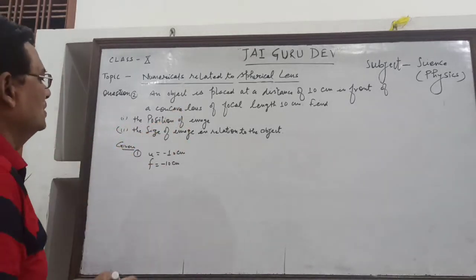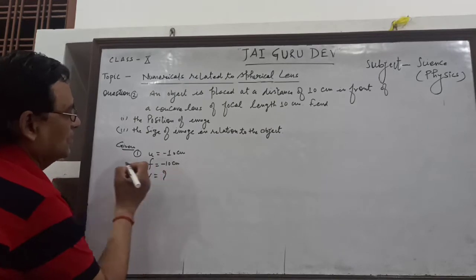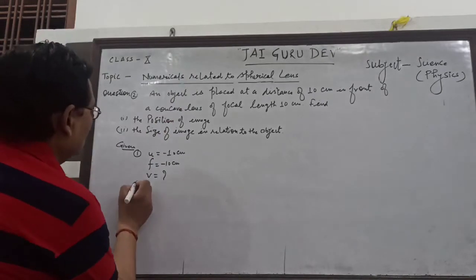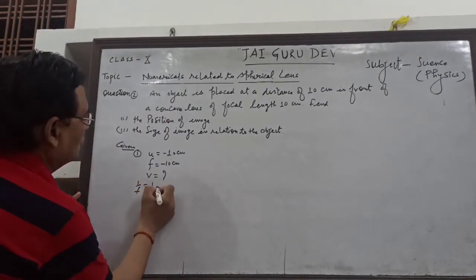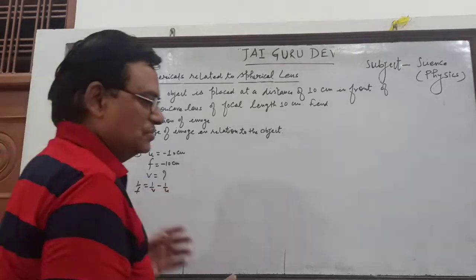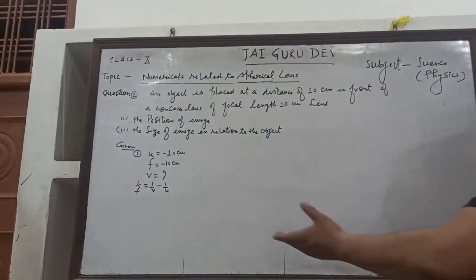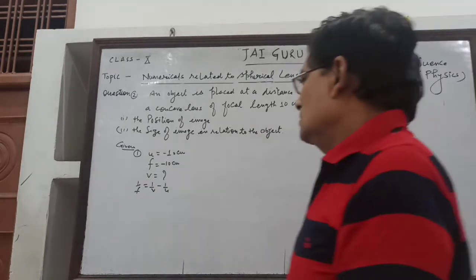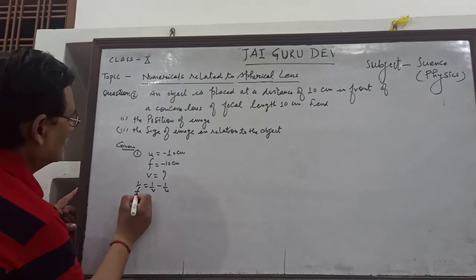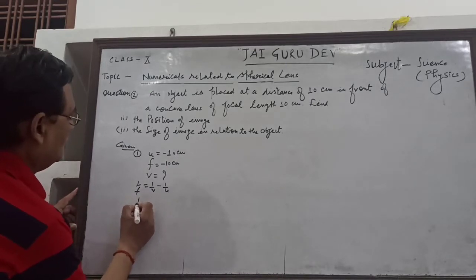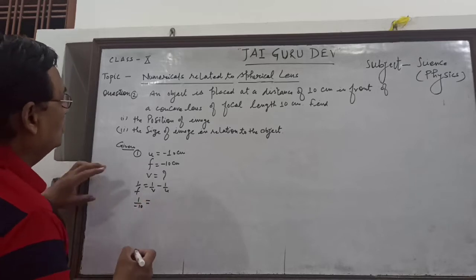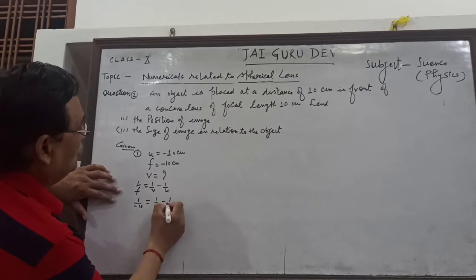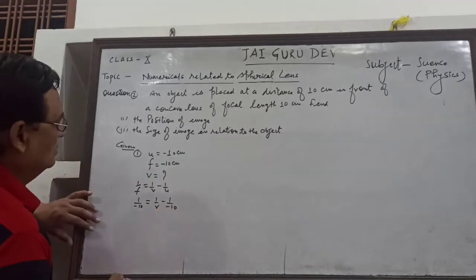Find the position of image, v question mark. We know lens formula: 1 upon f is equal to 1 upon v minus 1 upon u. Very simple. We write the lens formula and keep the given values. So 1 upon minus 10 is equal to 1 upon v minus 1 upon minus 10.